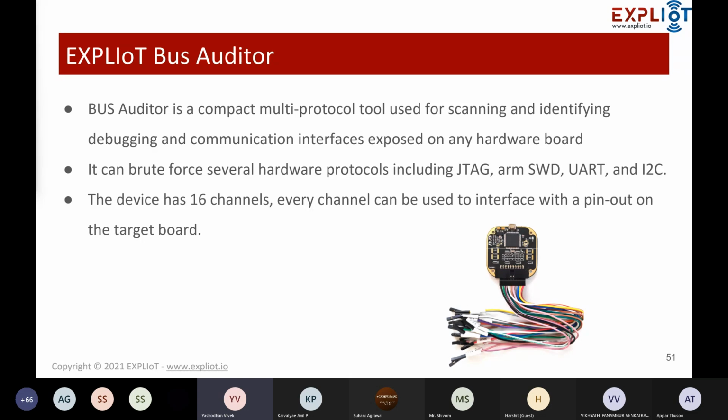Eventually this device will tell you which pin is receive, which pin is transmit, which pin is ground, and which pin is the VCC. Similarly, not only for UART, you can also do it for JTAG. If you want to hack JTAG or extract the firmware through JTAG, this can help you identify which pins are JTAG pins, or for that matter I2C itself. So this is one of the tools for the automated method of identifying the pins.